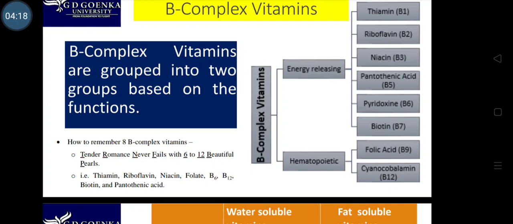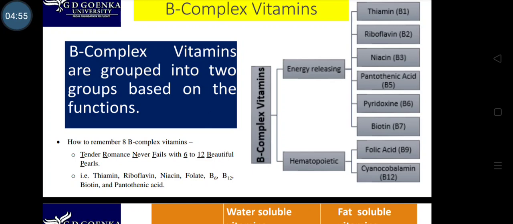In this sentence, the first letters are the names of the vitamins: tender, T means thiamine; romance, R means riboflavin; never, N stands for niacin; fails, F stands for folate; and then 6 means B6, 12 means B12, beautiful means biotin, and pearls means pantothenic acid. So accordingly we can practice and remember the names of all 8 vitamin B complex.